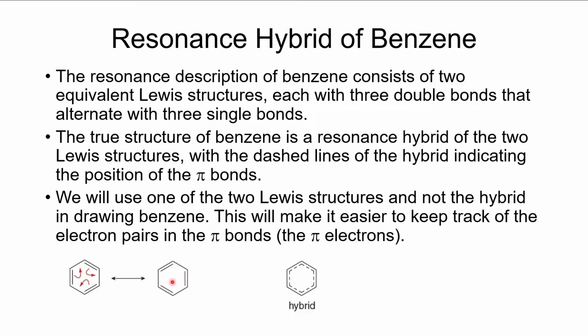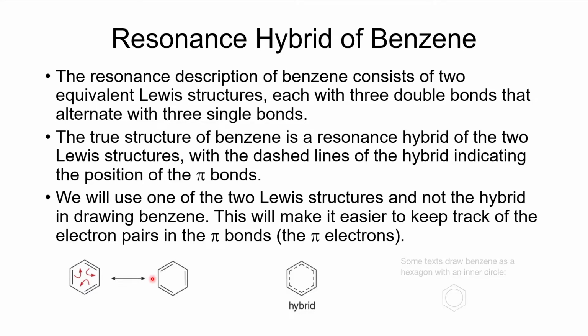This very clearly shows that we have 6 electrons in p orbitals, in the pi bonds. With the hybrid, it's a little uncertain how many electrons are there. So we like to use the Lewis structures when we're talking about benzene, its properties, and when we're doing mechanisms on the reaction.